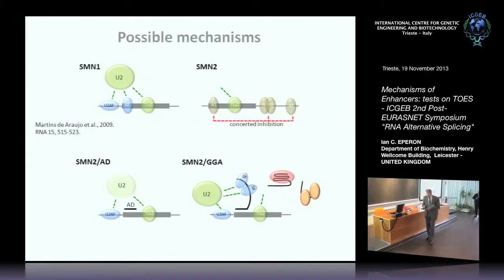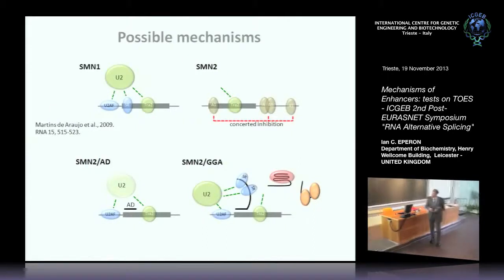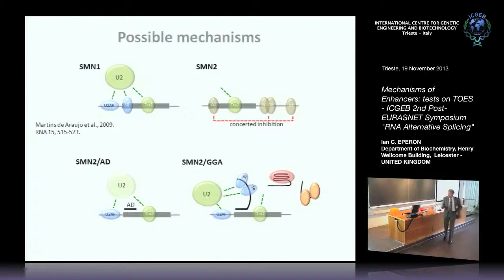So what then do we think are the mechanisms underlying this? I want to draw here on some work from Juan and Adrian a few years ago in this paper, where they argued that in SMN1 you had important roles for an SR protein bound here, SRSF1, U2AF, and TRA2.